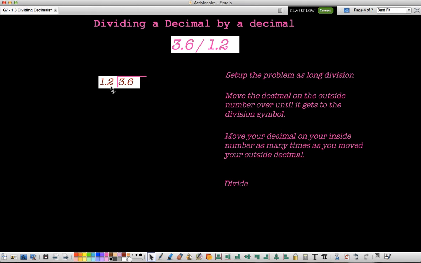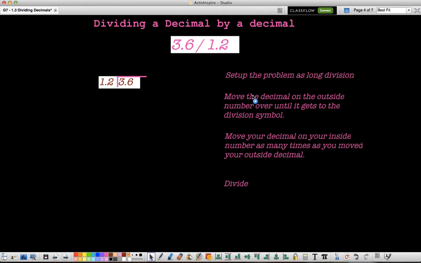I move the decimal on the divisor until it would be bumping into this long division sign. I tell students that it's like a party. Everybody here is already in the party, and everybody here is waiting to get in. Well, the decimal wants to skip ahead and get to the door first. So that's what you need to do when you're dividing a decimal by a decimal. You need to get that decimal into the party first.